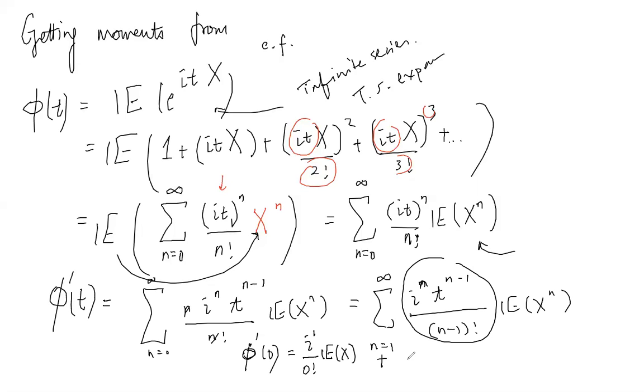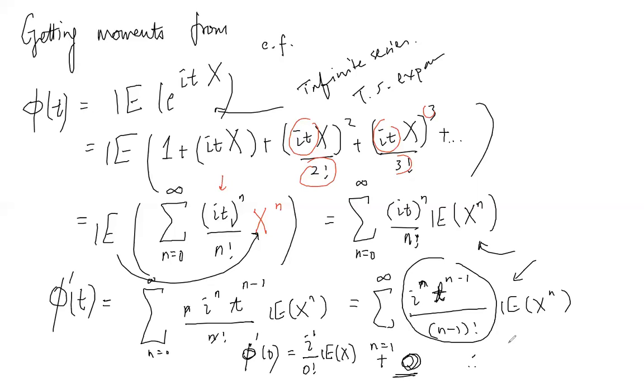Plus 0, because the other terms will have t starting from t to the power of 2 and so on. But since you set t to be 0, they all turn to 0. Okay. So basically over here is just the first term, the first term of this sum.